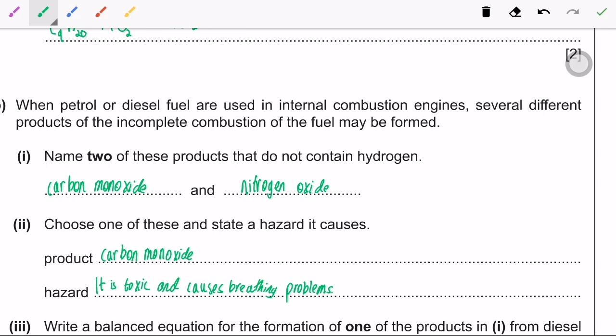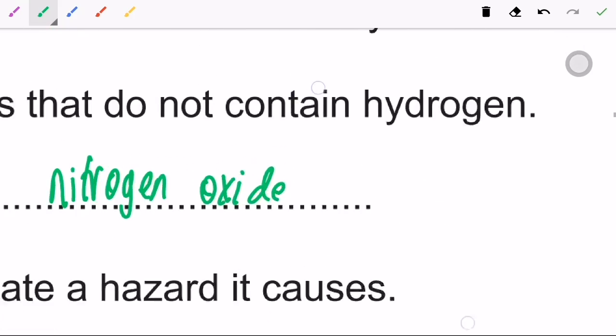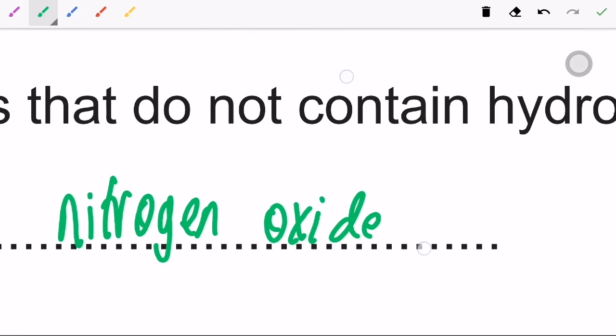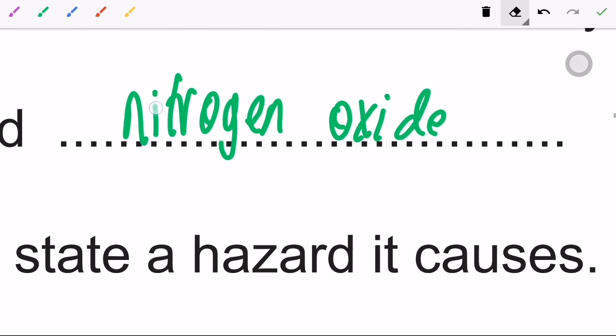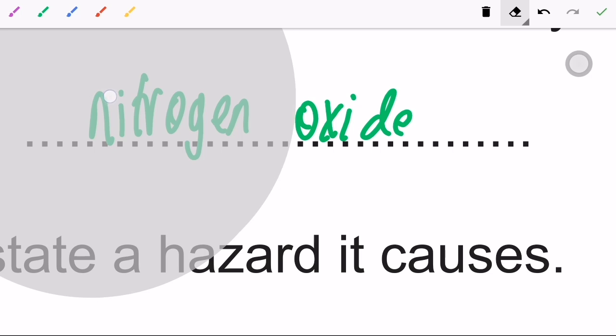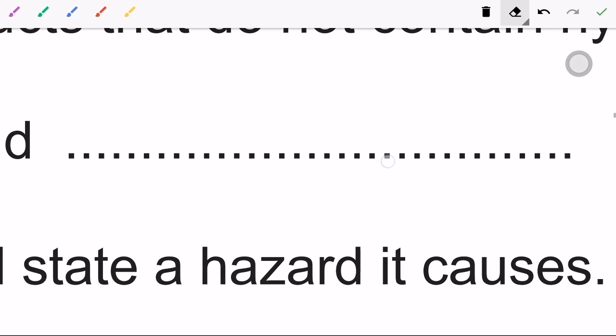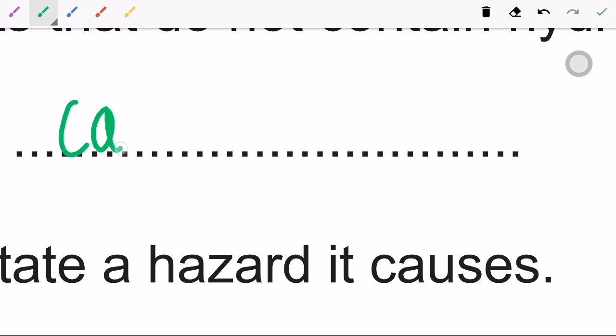Oh, they wanted products of incomplete combustion, not products of cars. When I read internal combustion engines, I was a bit too quick to judge. So you have to put carbon. This is not carbon monoxide.